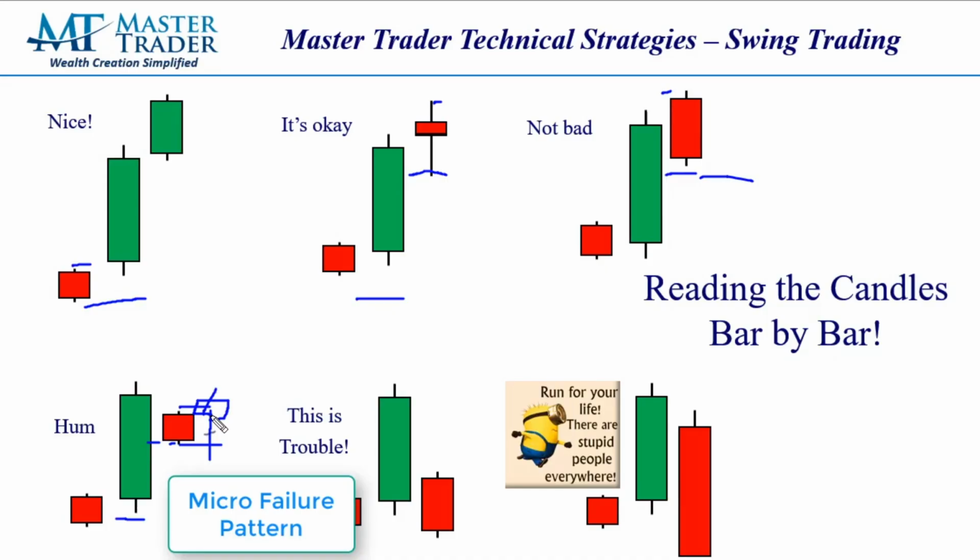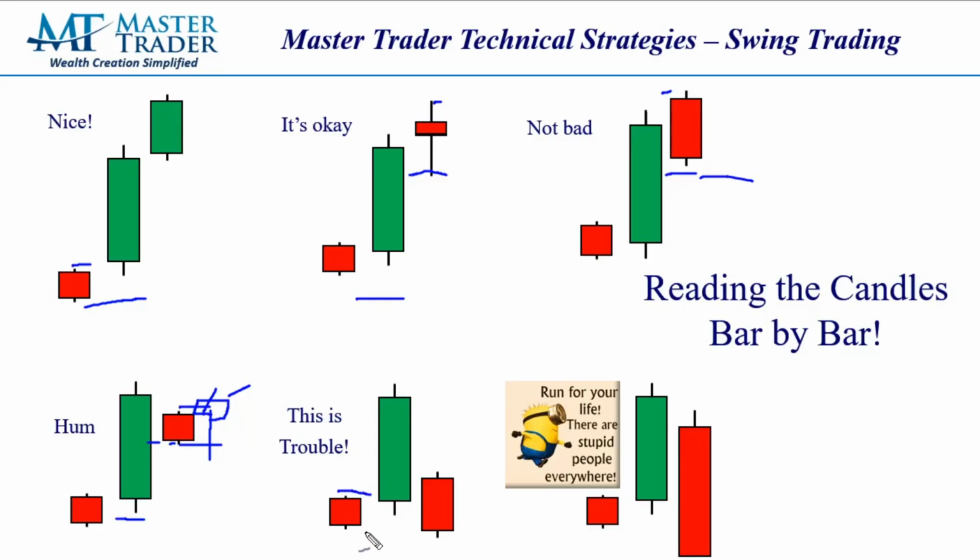I would be all over that to add to the position, or if I wasn't in it, I'd be looking to get in. And that's how we start putting together this bar by bar analysis to guide us as to, are we in the trade? We're interpreting what's happening. If we're not in the trade, is it an opportunity right now based on that pattern that formed?